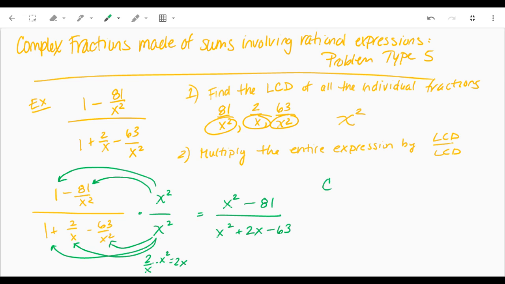Okay, we have done what's called we cleared the fractions. Okay, that's a huge first step. It makes it look a lot easier now.